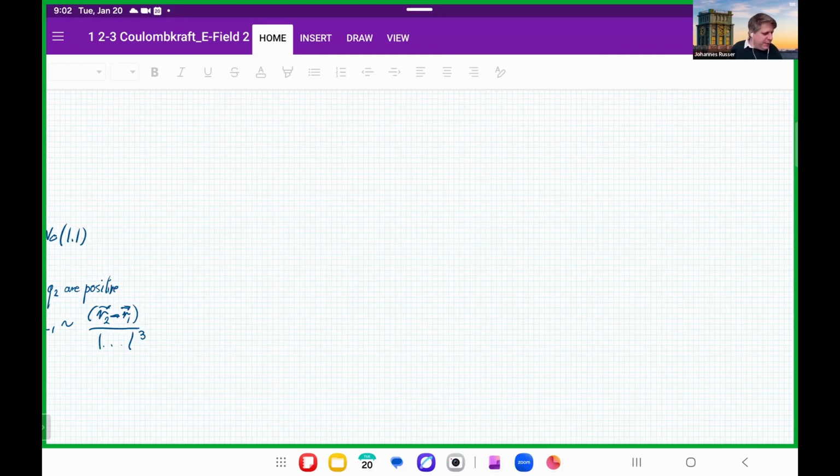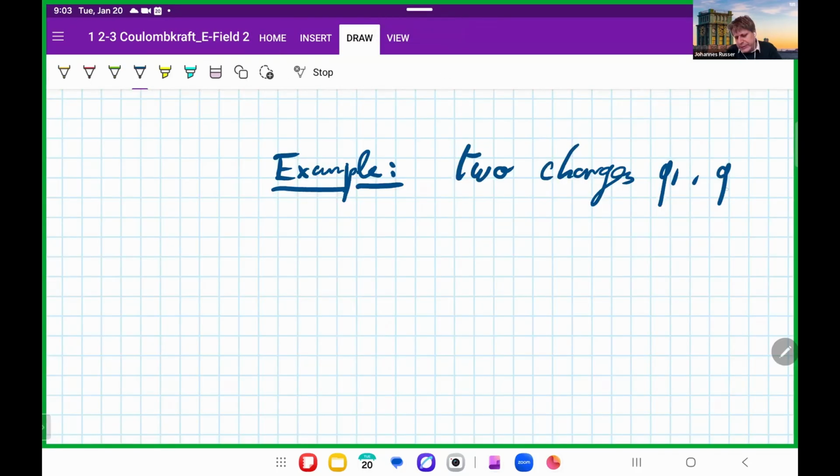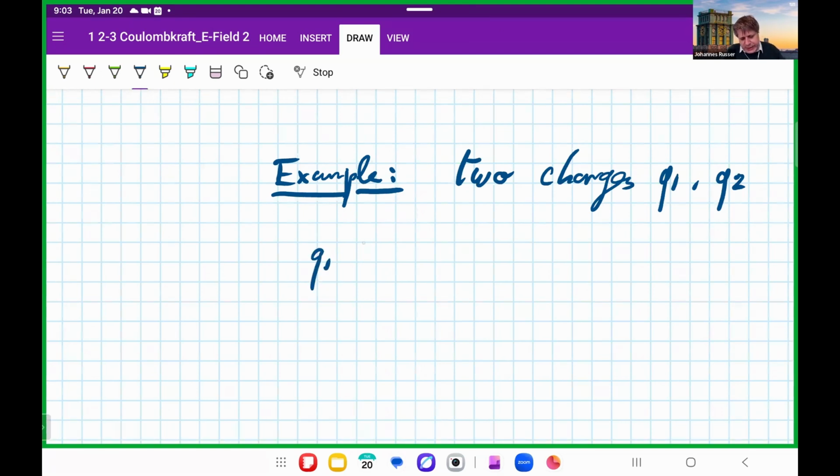I want to give you an example for two charges with specific coordinates. Two charges Q1 and Q2, and we assign specific locations to them. Q1 is located at R1, and this R1 is 1 times the unit vector EX.